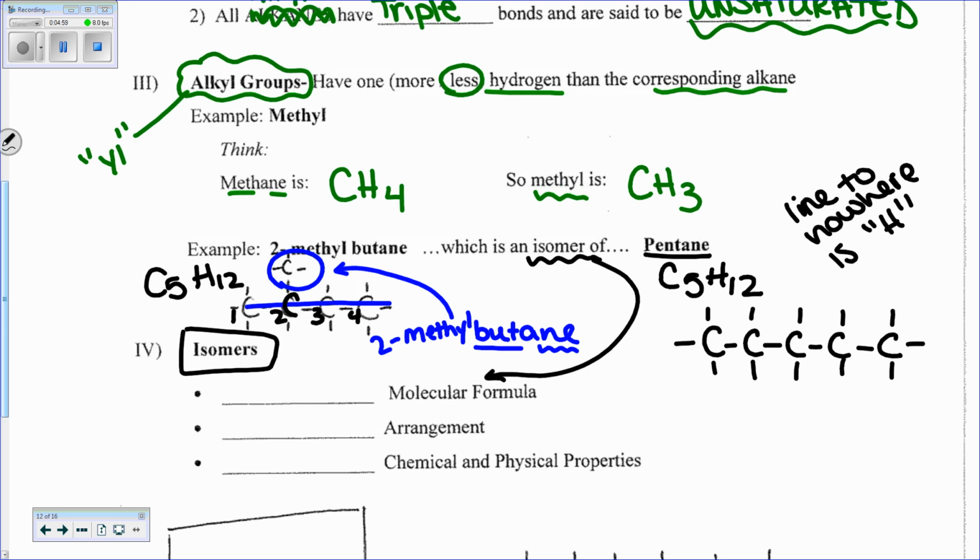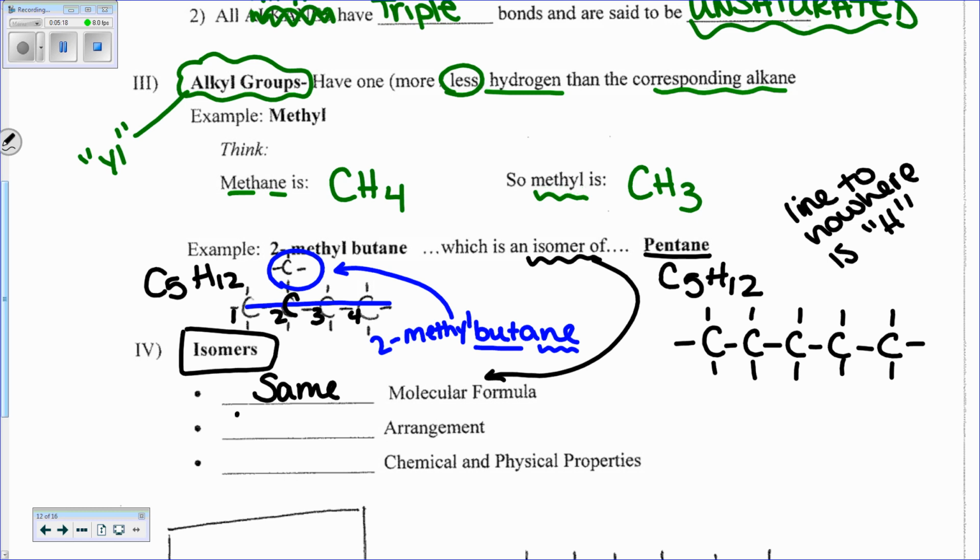So that means C5H12. They look different, but they're both C5H12. So an isomer is always going to have the same molecular formula. I should have the same number of every atom if I'm an isomer.